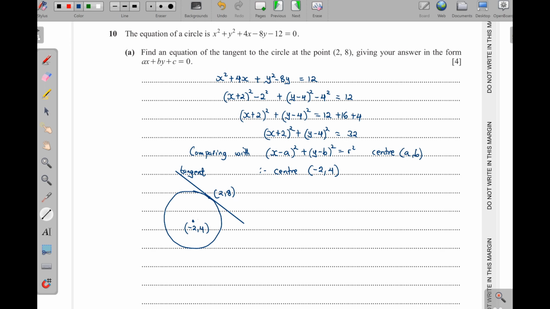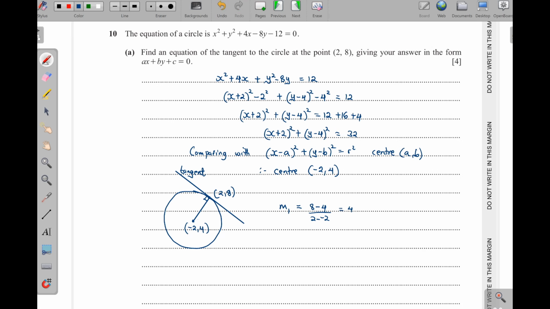And then we know that in circle properties, the tangent is always perpendicular to the radius. So we need to find m1, the gradient of the radius. We have change in y, 8 minus 4, over 2 minus minus 2, and of course this one will become a plus.